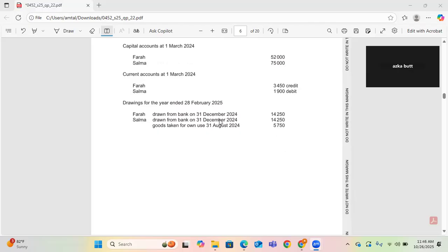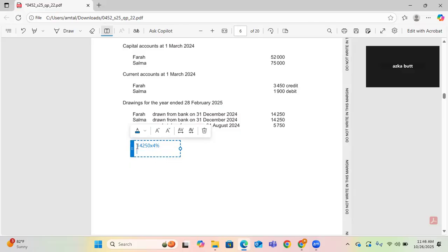So this 14,250, which they withdrew from the bank on 31st December 24, we will be adding the drawings for only 2 months, because the year is ending on 28th February 2025. So let's calculate this. This is 14,250, and we will be multiplying this with the 4%.